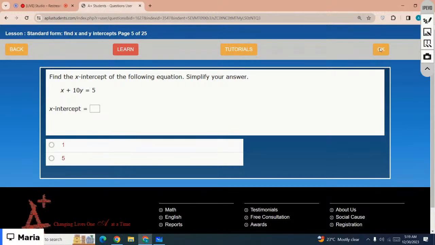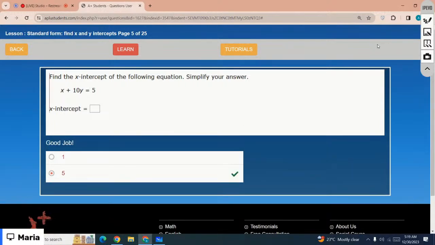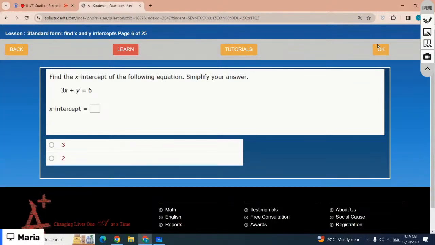Yes, the correct option is 5. The x-intercept is 5. Okay, the next one is find the x-intercept of the following equation. Simplify your answer. You have to calculate the x-intercept.